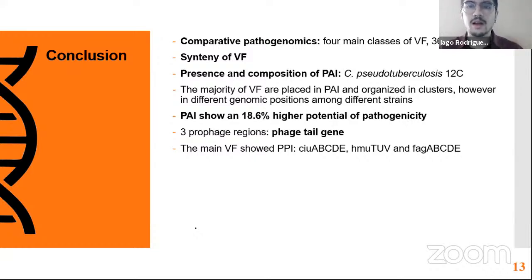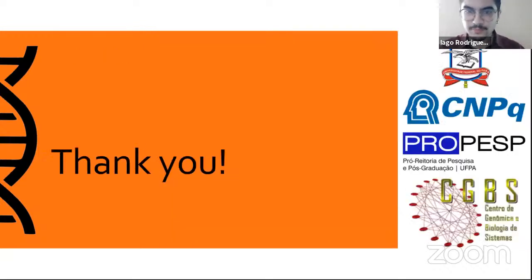Finally, we could also perform a protein-protein interaction network in silico, observing a high confidence interaction among main virulence factors of Corynebacterium pseudotuberculosis, highlighting the components of the clusters CIU ABCD, HMU TUV, and FAG ABCD gene clusters, suggesting that combined roles are performed between them in pathogenic functions.